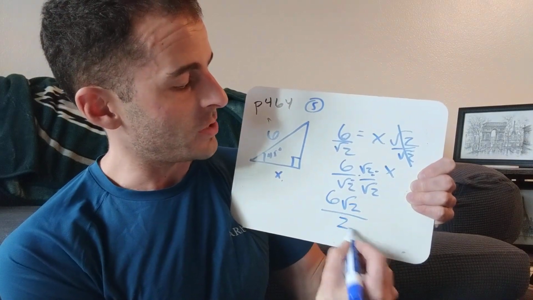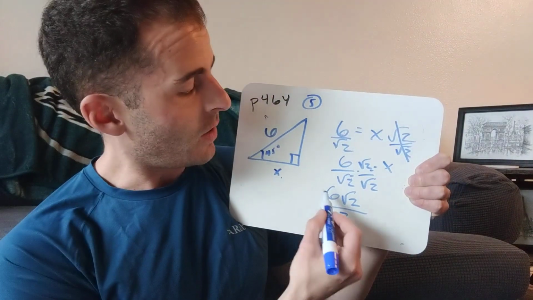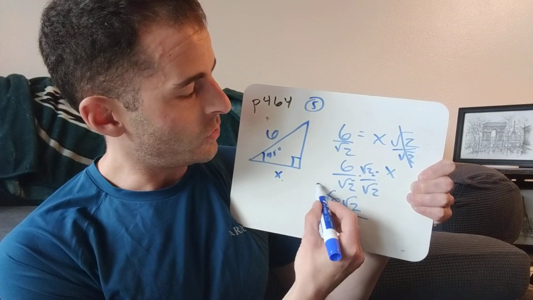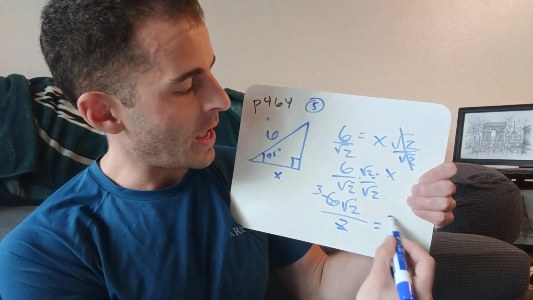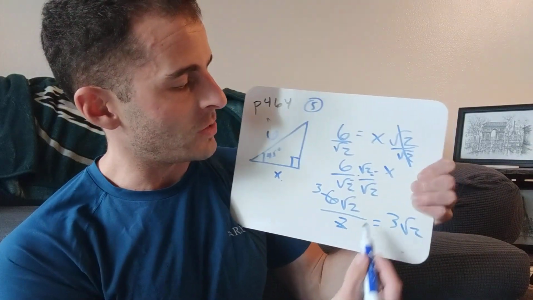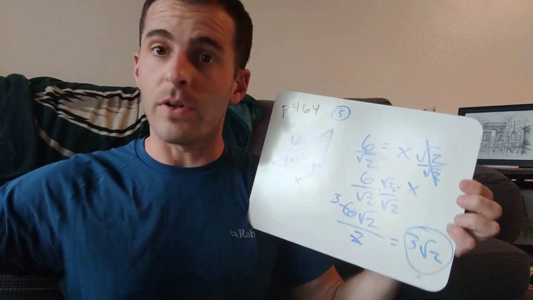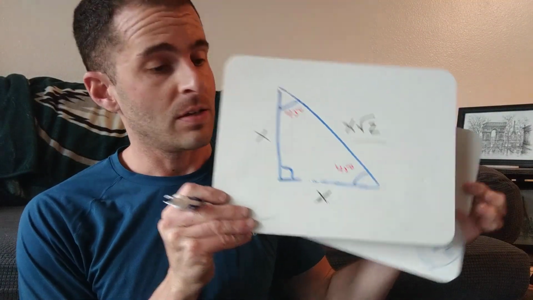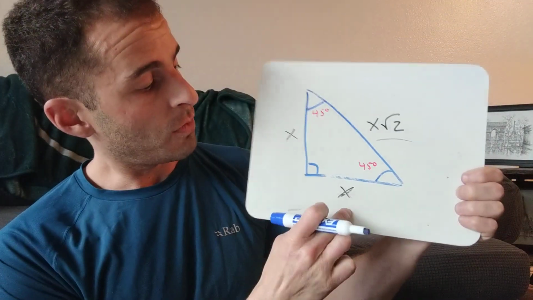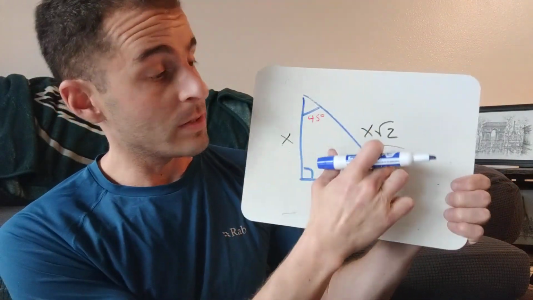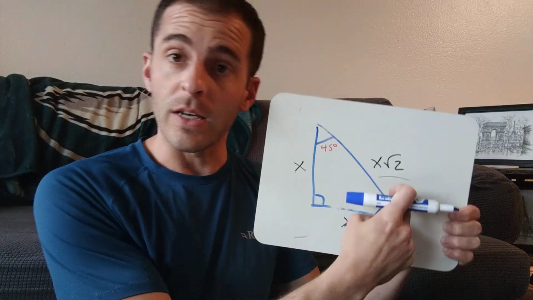On the bottom I just have 2. And then now I can simplify the 2 and the 6, and my x is going to be 3 rad 2. All right, so it doesn't look as simple as this. Apparently, 3 rad 2, 3 rad 2, 6 is a thing based on the math.